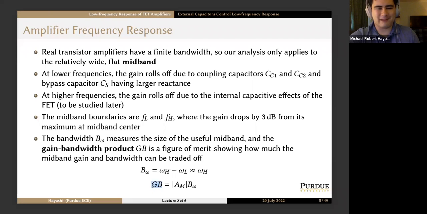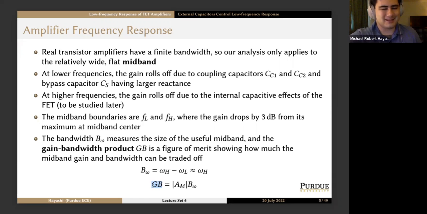And this gain bandwidth product basically shows you how good the quality of the amplifier is. Because you can usually say, I want to sacrifice some midband gain for bandwidth, like we did with the degenerated common source amplifier, but overall, the product usually stays fairly constant.